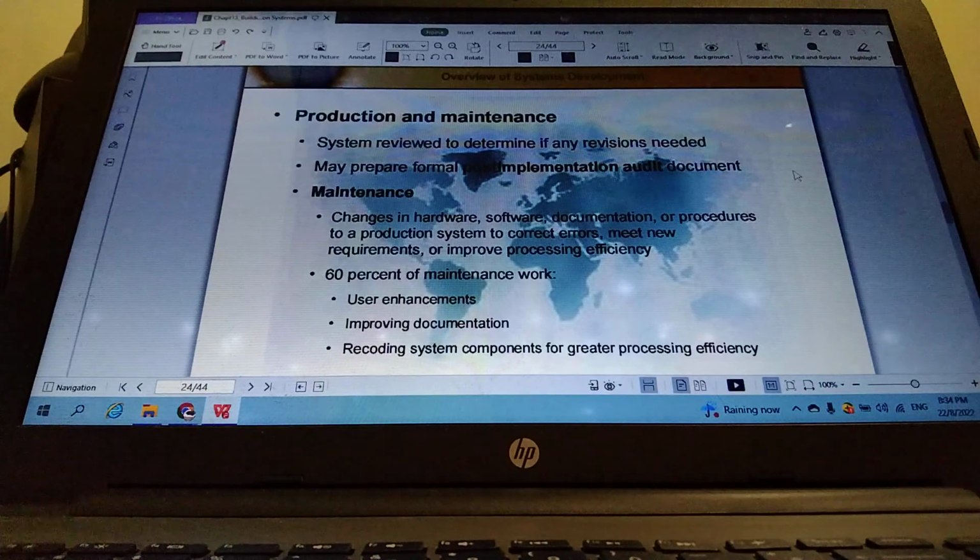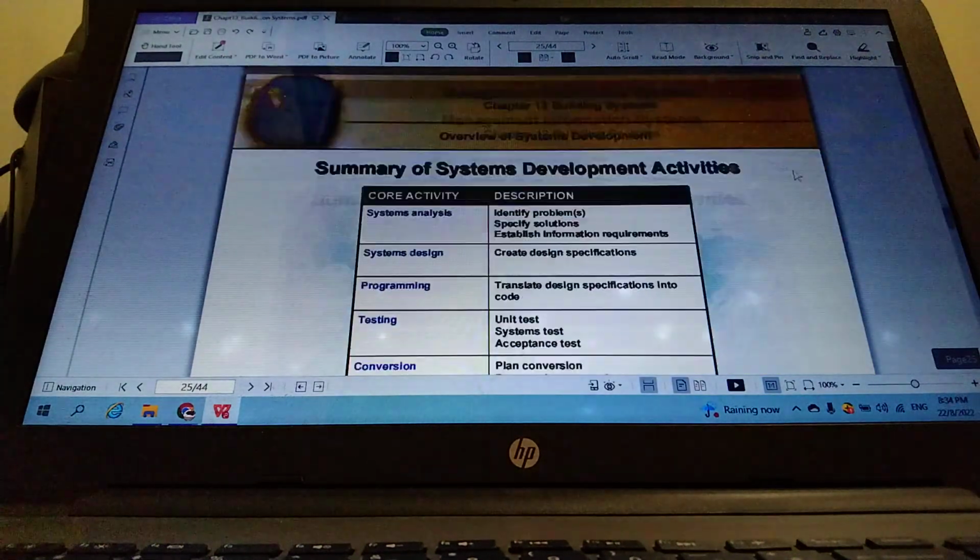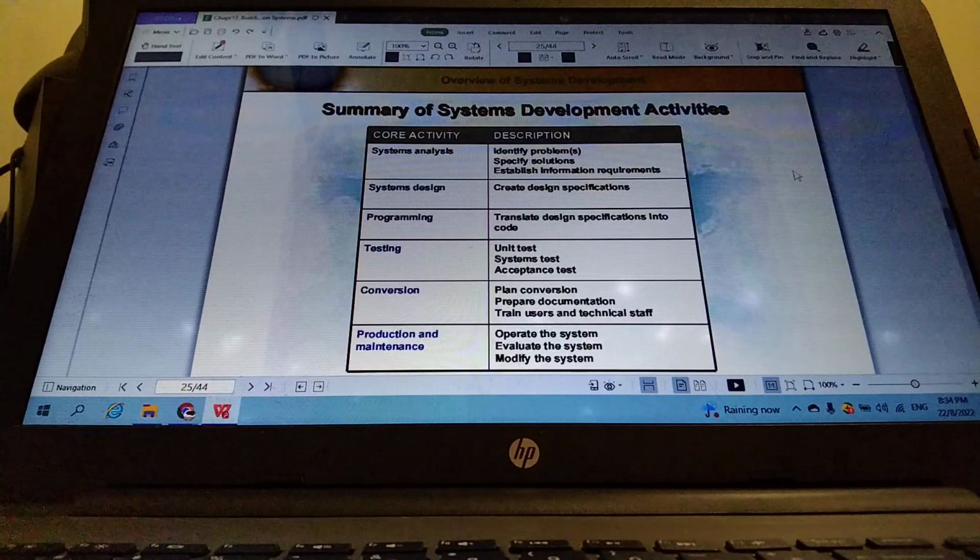Okay, with that, let me see. All right, what we have in the next slide is all the core activities that we have discussed in the past couple of slides put into one particular slide, where you can see all the stages involved in the system development, against a short description of what we do or what activities are involved in each stage.